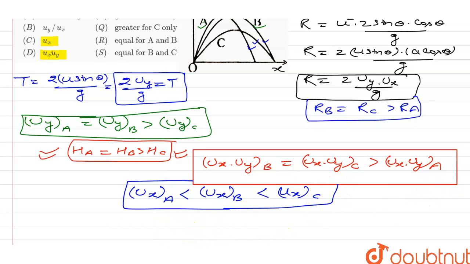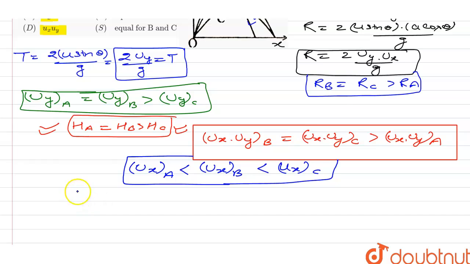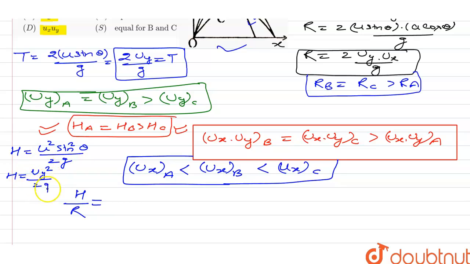After that, if we talk about the ratio of height and range for the given diagram, what is the value of height? Height is equal to u square sine square theta upon 2g, which is also written as u sine theta whole square upon 2g. And u sine theta is uy, so height is uy square divided by 2g. So this is the formula for height.